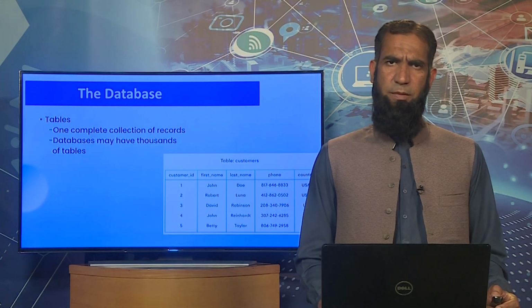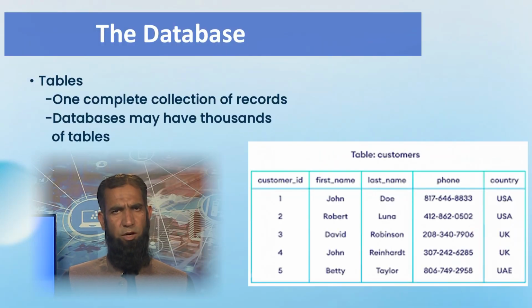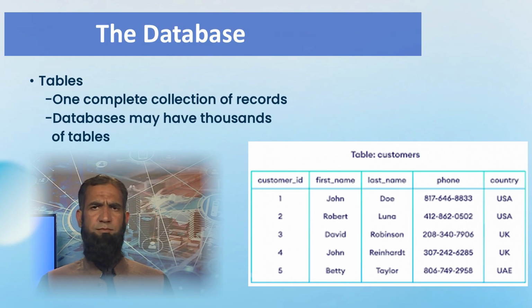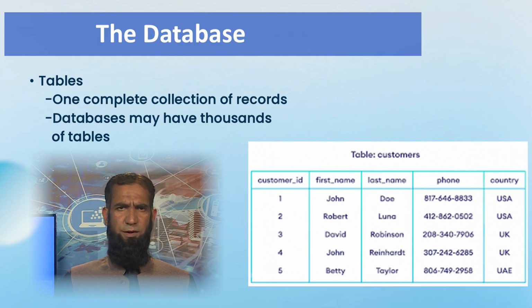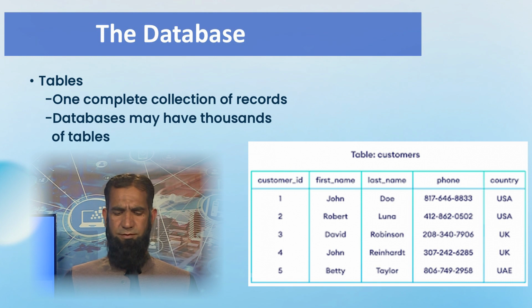What are tables? Tables are basically the backbone of any database. A table is a complete collection of related records. You can think of it as a grid made up of rows, or records, and columns. Columns are basically fields. Each table in a database stores data about one specific topic. As shown in the figure, the customer table has records of all relevant customers.